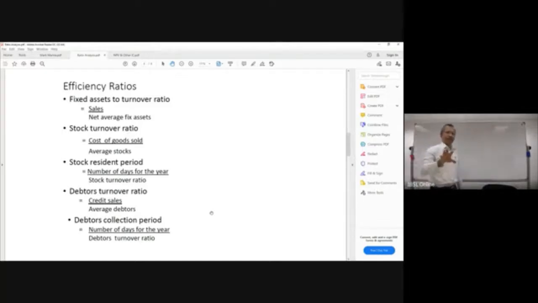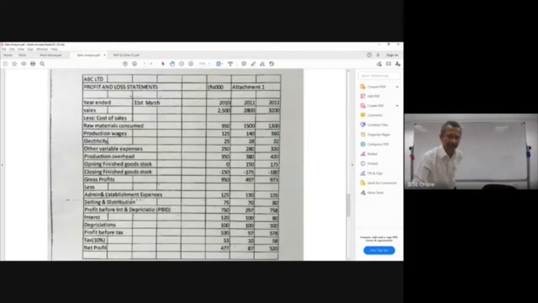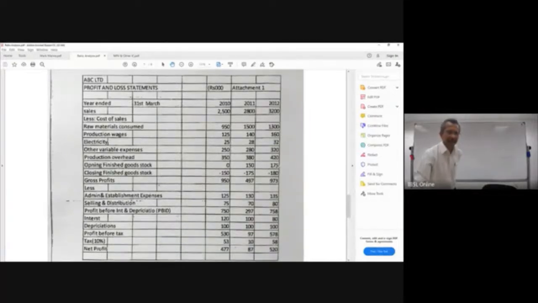Do you want to look at this ratio side, or do you want to look at the balance sheet and the P&L? Since I'm writing the ratios, we'll go to the balance sheet, because I need the balance sheet and P&L too. So, efficiency ratios.